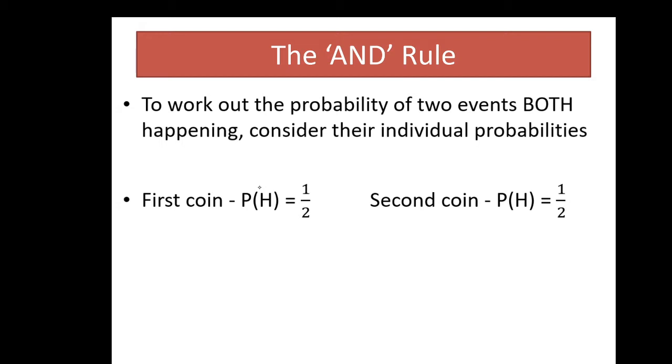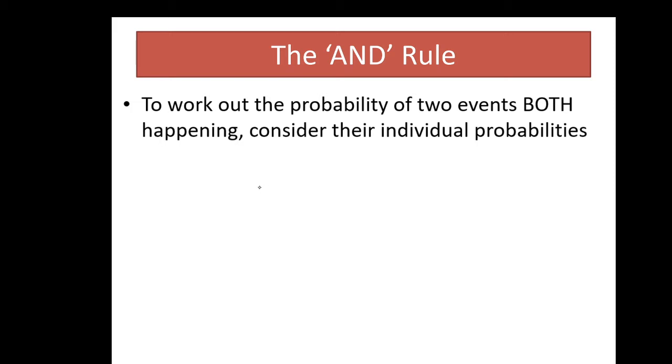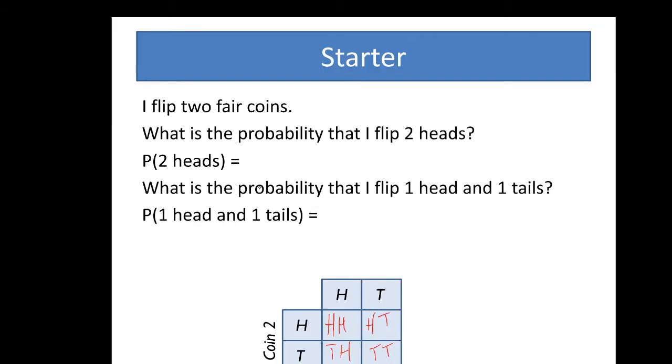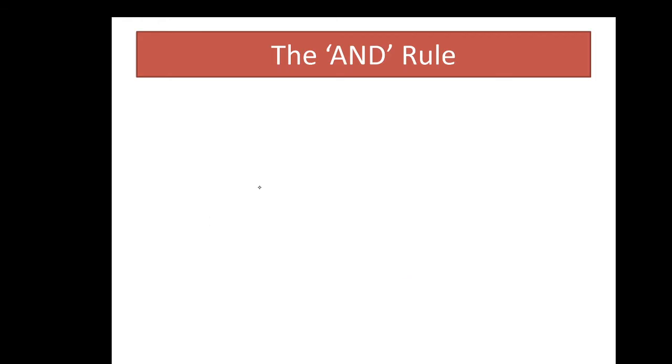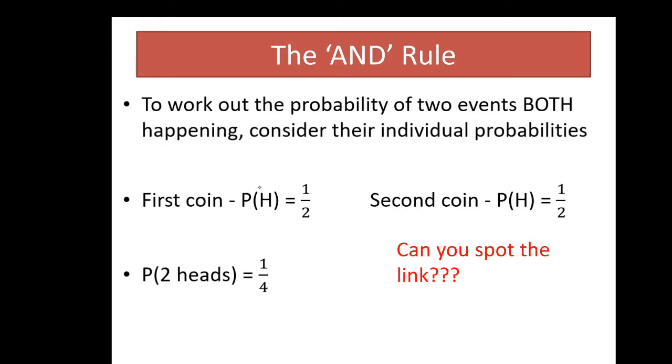It was a head or a tail, 1 out of 2 options, easy. And the same with the second coin. Now, when we did the starter, we knew that the probability of getting 2 heads was 1/4.